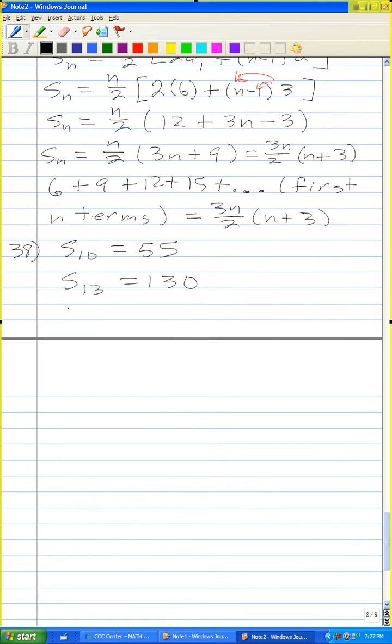I know that S sub n is equal to n over 2 times, well, a1 plus an.